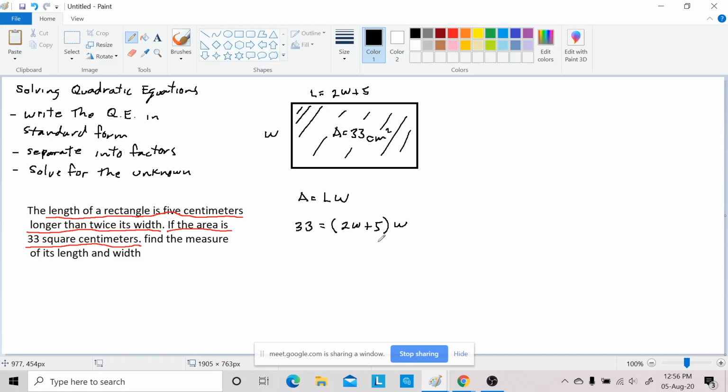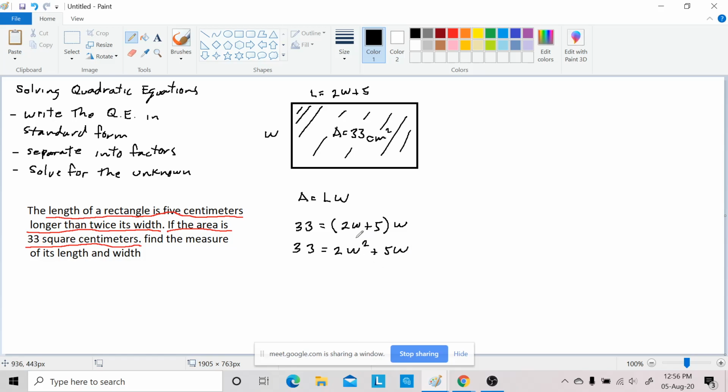With this, can you expand? We will now get 2W squared plus 5W.